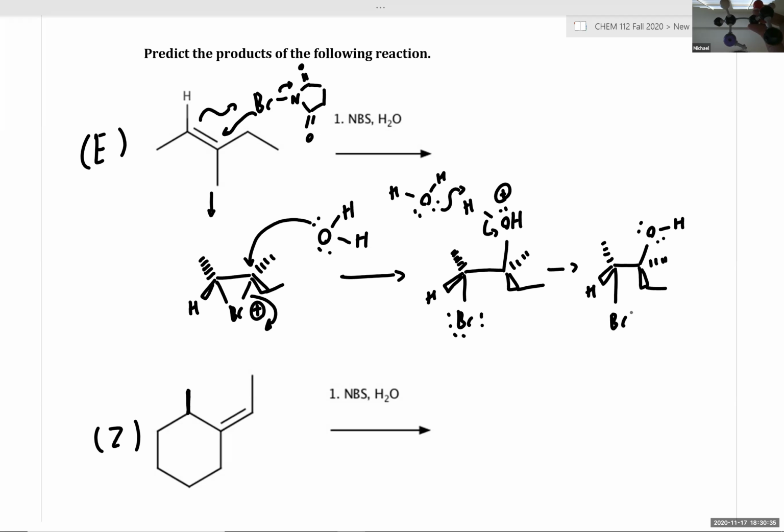Now, let's try to draw this product in a little bit more of a common conventional way. So, as we notice, we still have each of our substituents that are on the same side of our alkene end up on the same side on our product. Okay, now let's look at some rotations. And let's try to visualize this molecule from a few different perspectives.